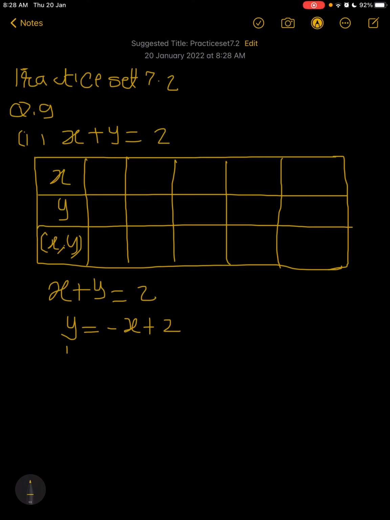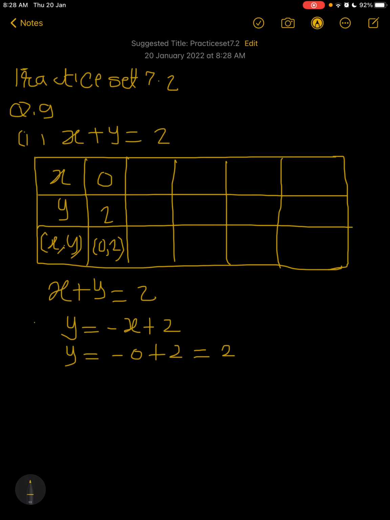Let us consider x as 0. If I take x as 0, I get y as 2. The first point coordinates we got in this graph are 0, 2. First I have made the equation simple for y.